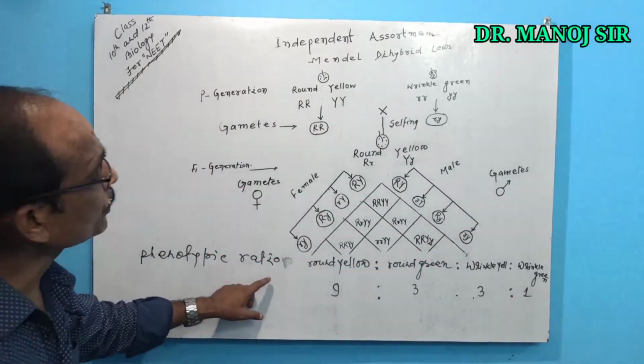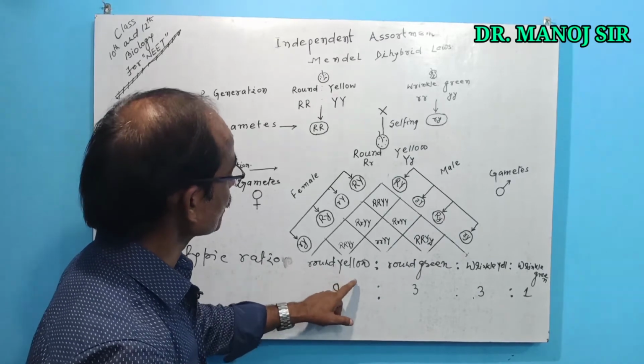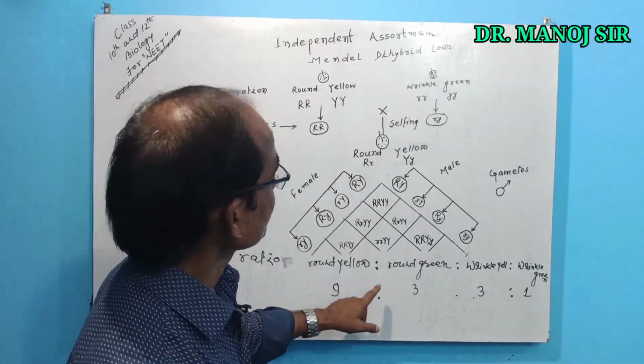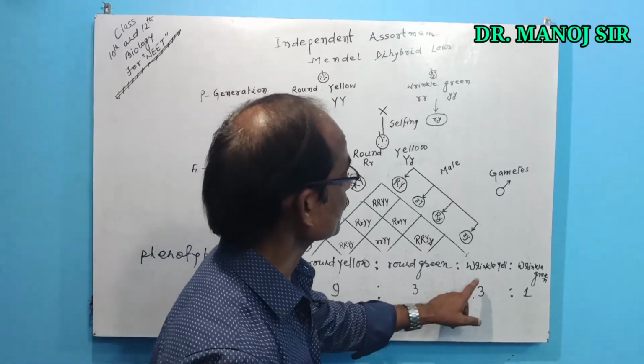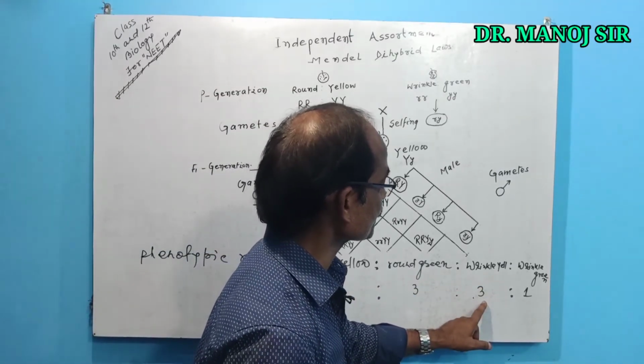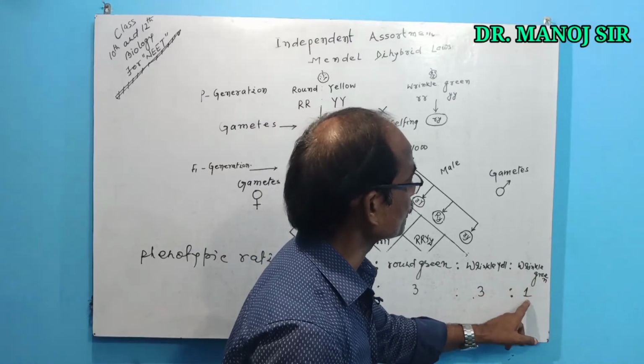Phenotypic ratio: round yellow 9 by 16, round green 3 by 16, wrinkled yellow 3 by 16 and wrinkled green 1 by 16.